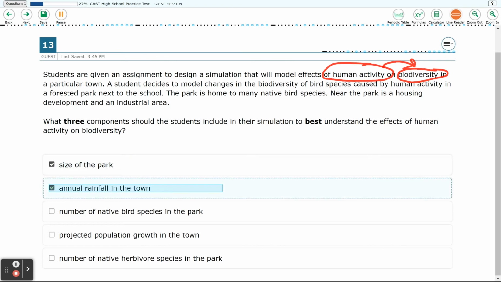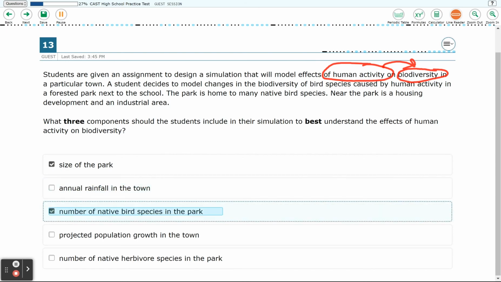Annual rainfall in the town. Humans don't cause the rainfall. I mean, with climate change they can affect it in general, but I think we're looking at more immediate human impact. Number of native bird species, that's definitely going to be a telling thing of the biodiversity. Kind of is the biodiversity.